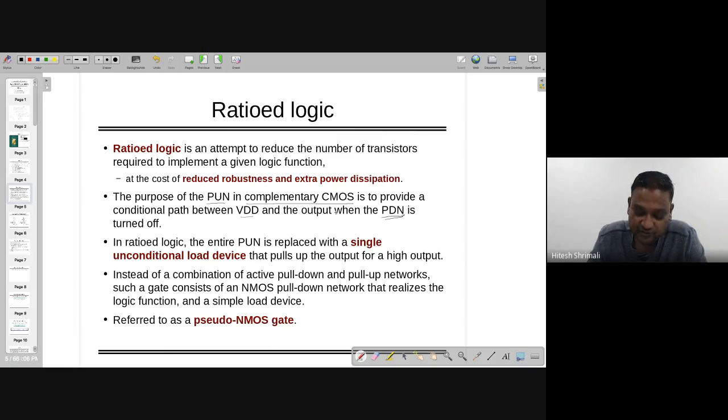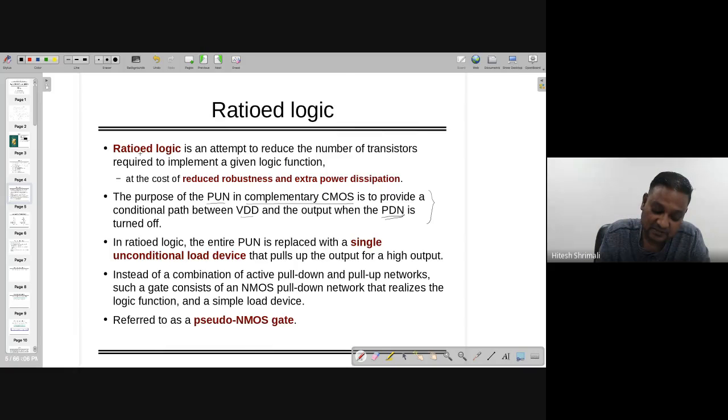You need to keep the ratio between them just to make sure that the tPHL and tPLH are the same. Along with that, you also wanted to have V in equal to VDD by 2. At the same time, you are expecting V out to also be VDD by 2. So in that case, you need to make the ratio in such a way that both the resistances are equal.